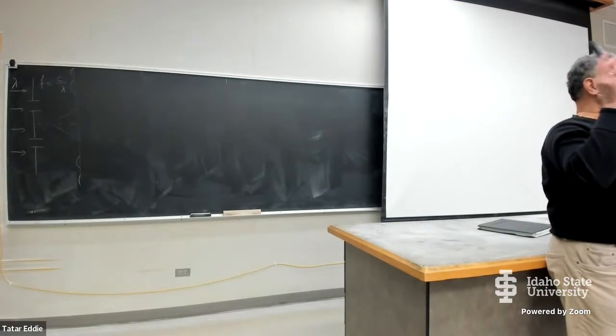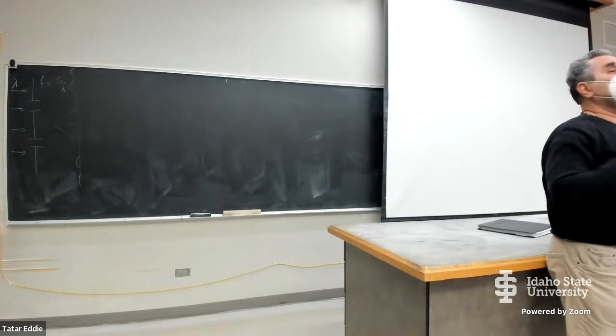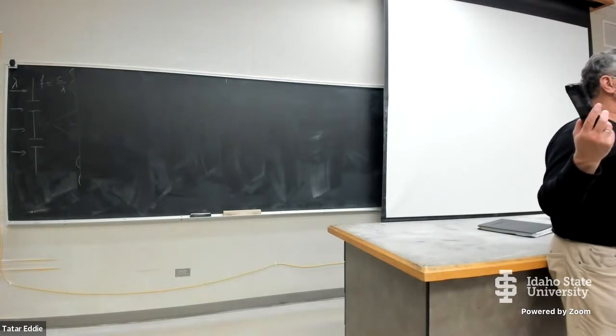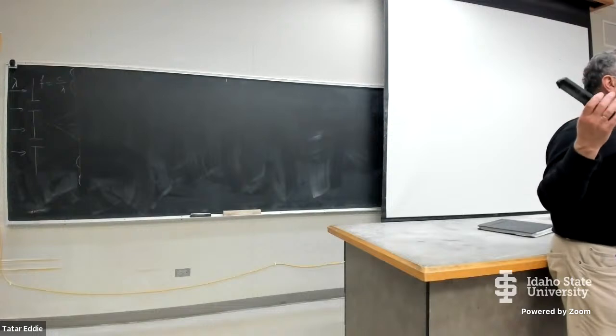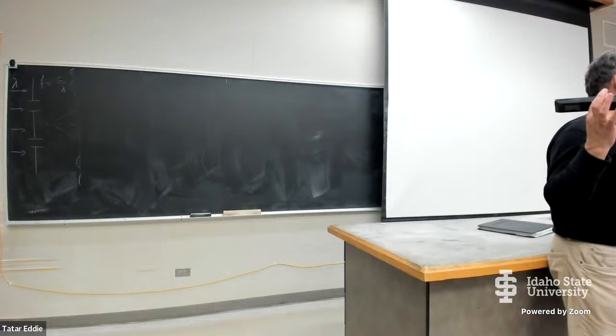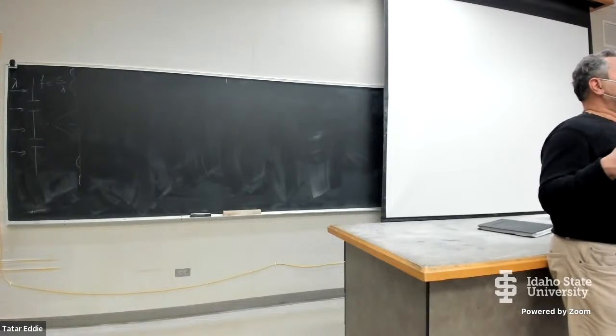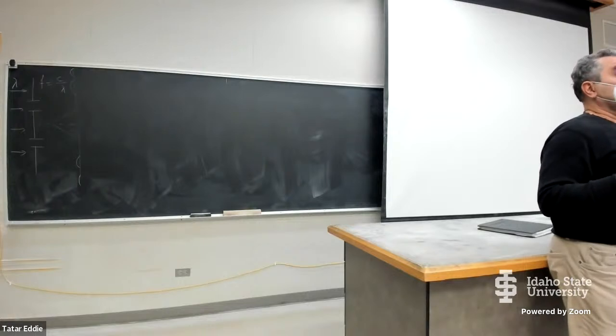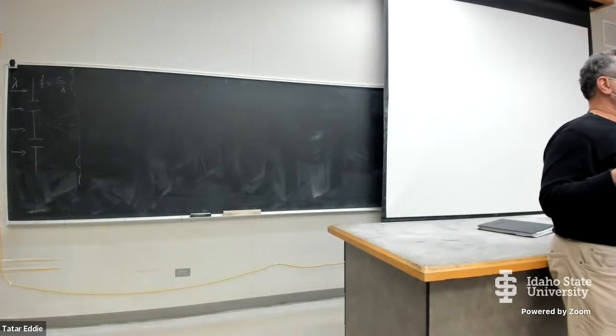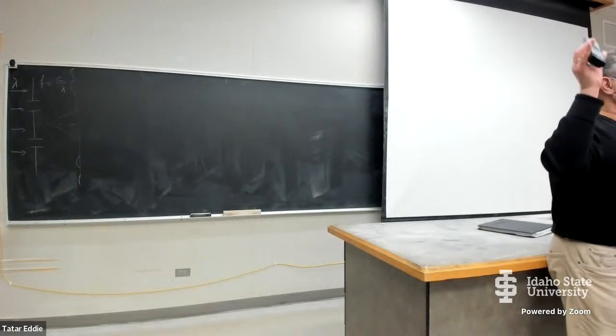Any light that hits it is absorbed and no light is reflected. Everything is absorbed. Objects like that you perceive as black objects. So this is why we're talking about emission of light from a black body.